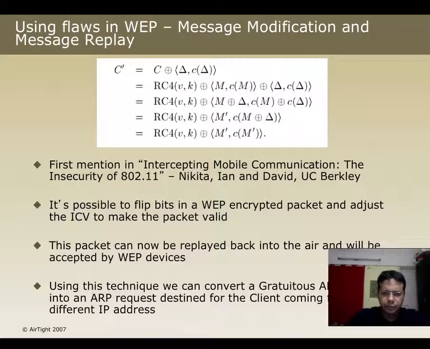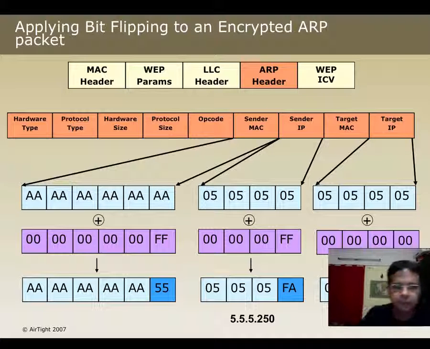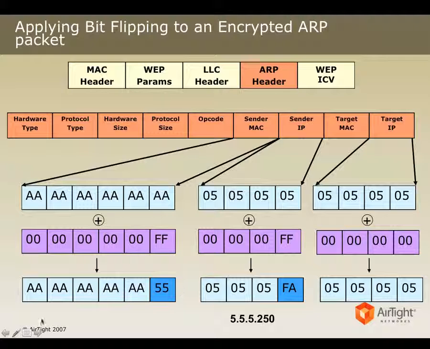If you remember from the previous video, given an encrypted packet, the LLC header and the ARP header together are the encrypted data, followed by the WEP ICV. As we said in the previous video, this data part can be altered with a bit mask, and we can also patch the ICV accordingly by taking the CRC32 checksum of the bit mask and XORing it with the encrypted WEP ICV.